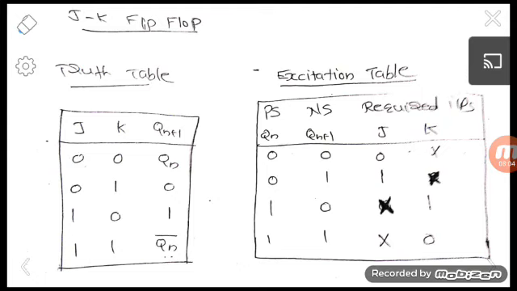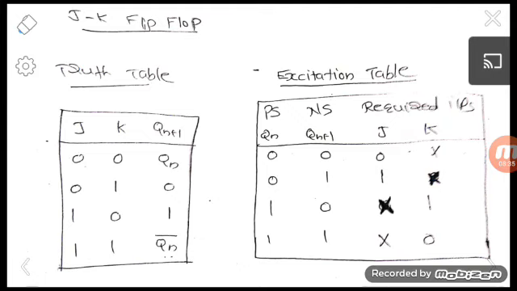We can also take 0 1, that is j equal to 0 and k equal to 1, where the output will always be 0. So these two input possibilities are suitable for the first case, 0 0. So j is always 0, but k can be 0 or 1. Here we write j is 0 and k is x, which means k can be 0 or 1.